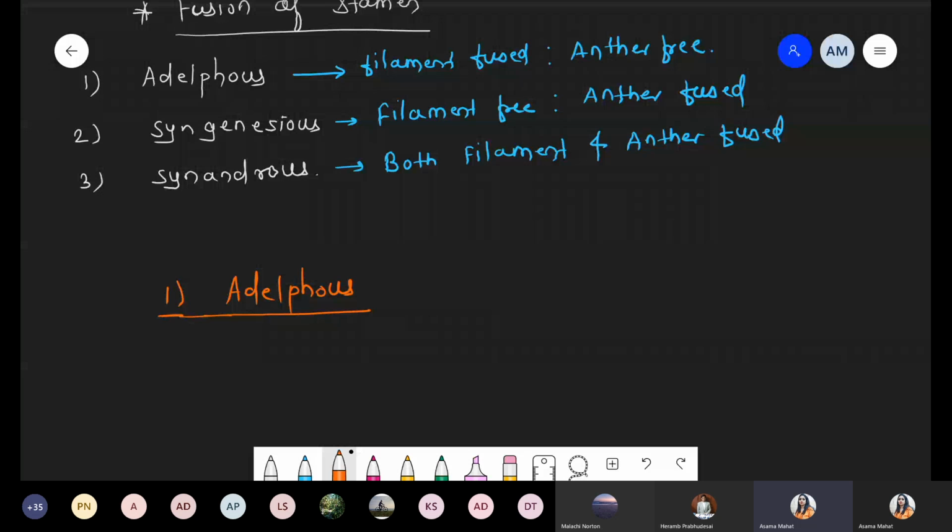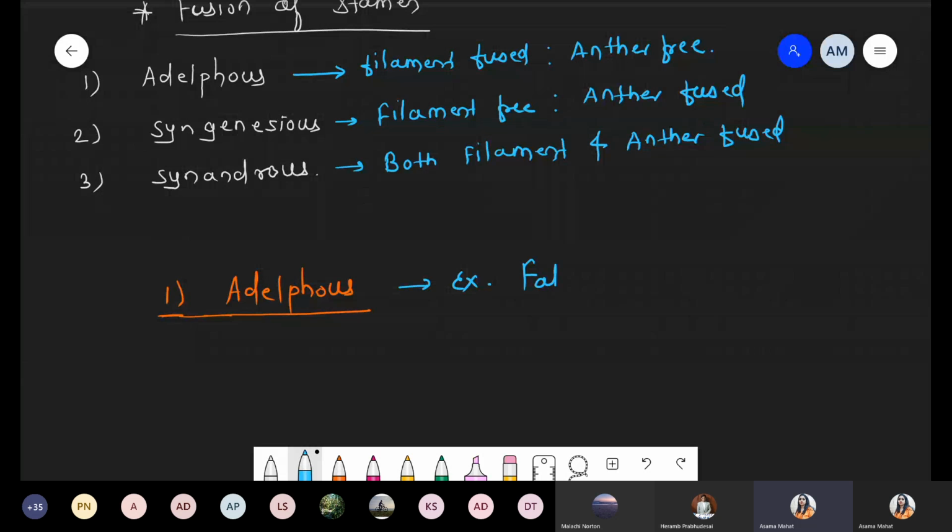Under adelphous there are 3 types: monoadelphous, diadelphous and polyadelphous. But that is not part of our school examination, it is part of NEET, so we will see it in NEET classes. To represent the adelphous condition, I am taking the example of the Fabaceae family, and the 2 ideal examples for Fabaceae are the pea plant and the bean plant.